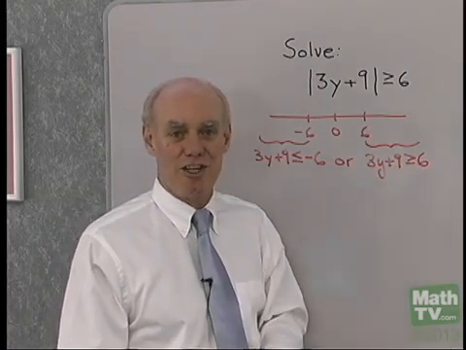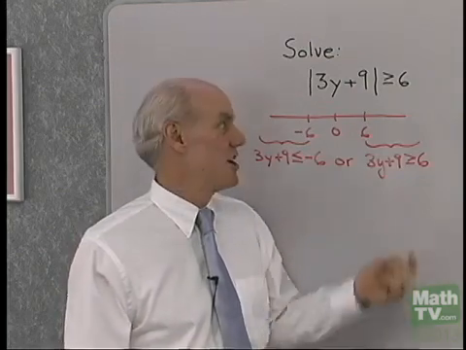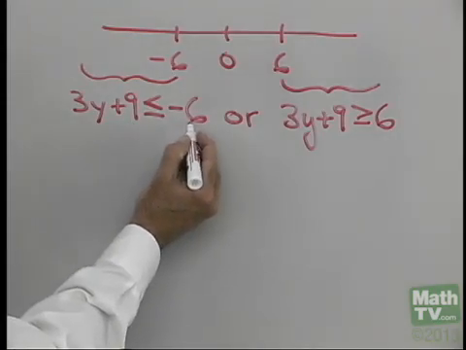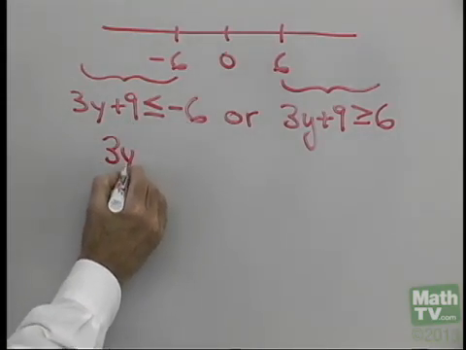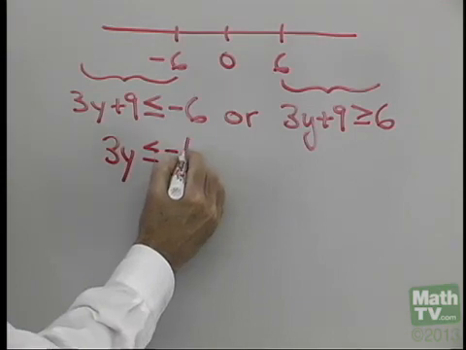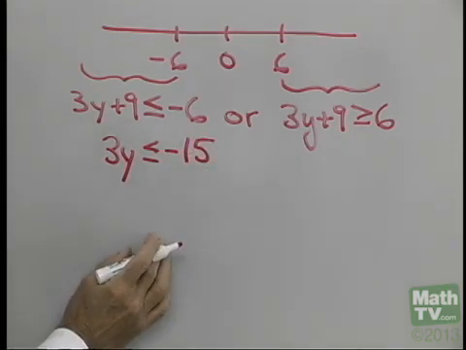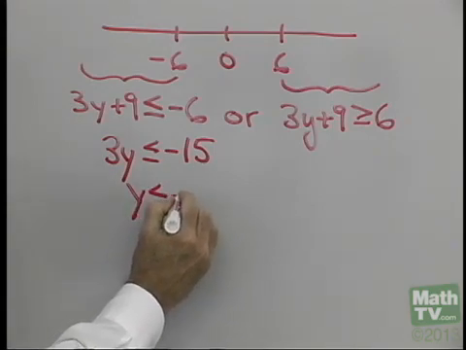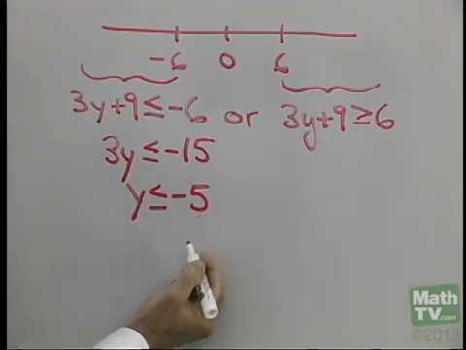Now I'll simply solve these two inequalities to get my solution set to my original absolute value inequality. Adding negative 9 to both sides here, I have 3y less than or equal to negative 15. Multiply both sides by 1/3. y is less than or equal to negative 5.